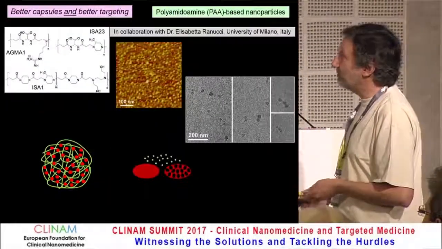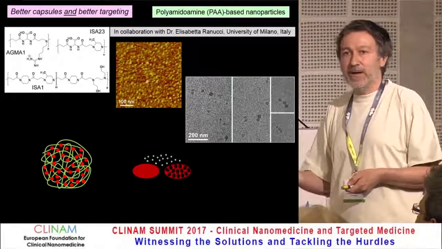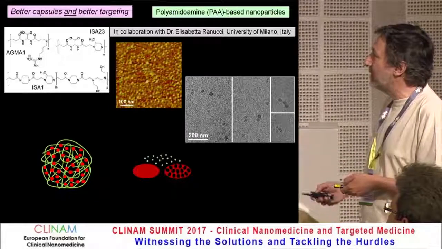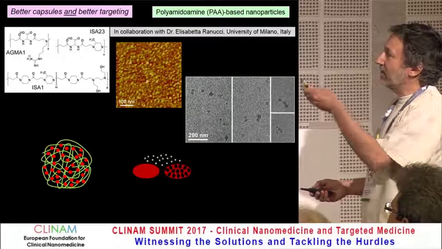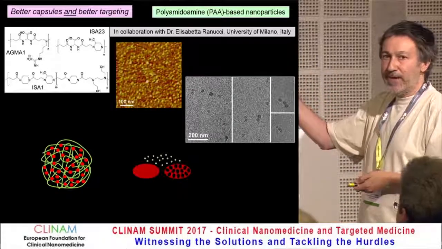Besides liposomes, we also have polymeric nanoparticles. Also, we presented this data a couple of years ago, so I will go quickly through them because actually we realized a new thing about these polyamidoamine polymeric nanoparticles.